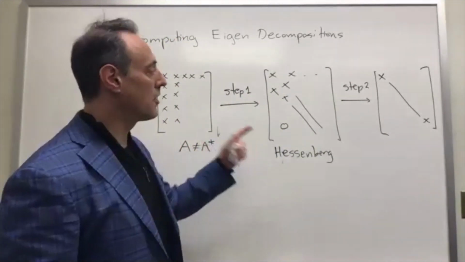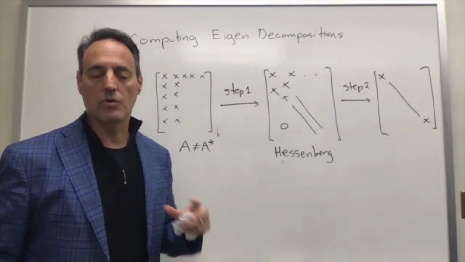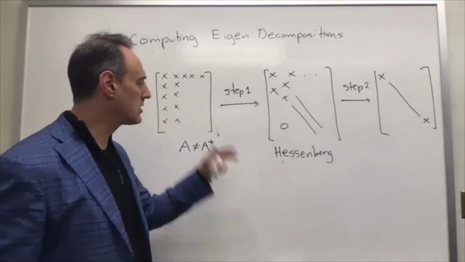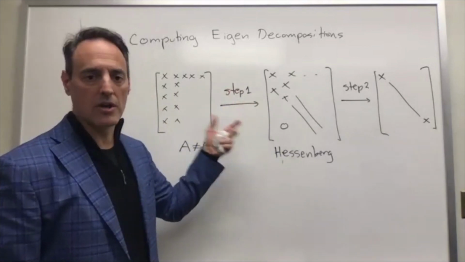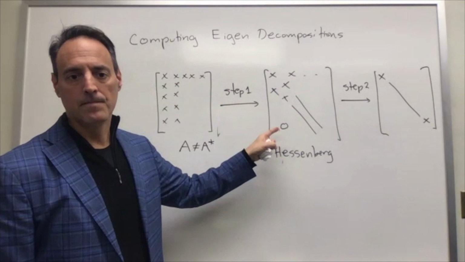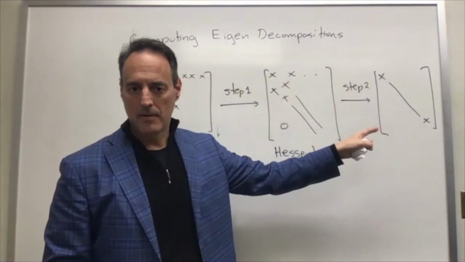So here's the important thing about what this picture represents. The first step is constructive. In other words, I tell you a prescription, an algorithm, just go through this and produce that matrix. The second step is the iteration step, just like I drew before.